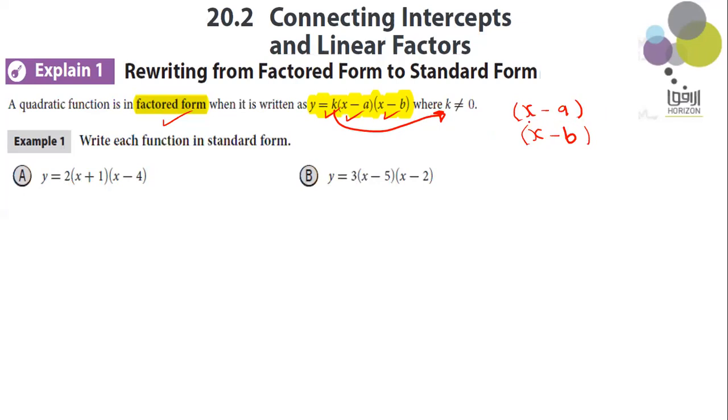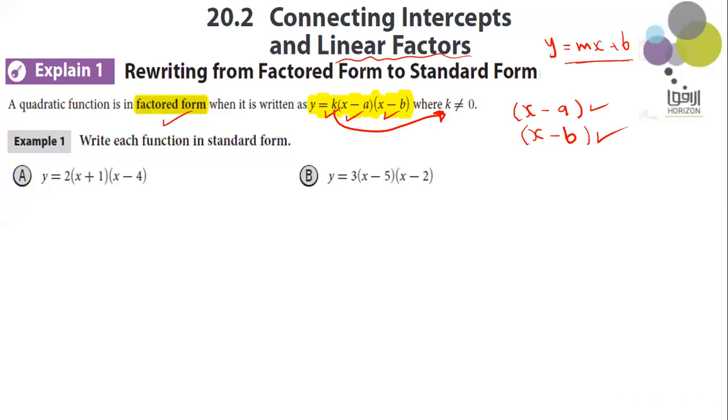Linear factors, why? Because this x is raised to 1, or we can write this factor in the form y equal mx plus b. So this is a linear function we studied before in the first semester. So this is the first linear factor, and this is the second linear factor. So we have two linear factors.